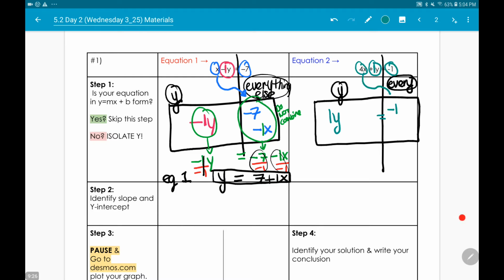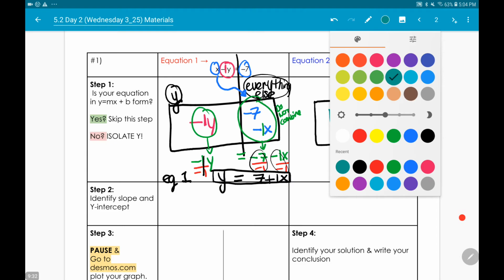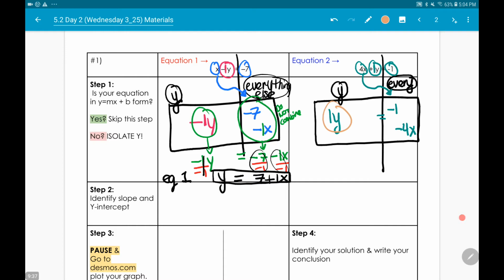And my 4x is going to cross over, so that's going to become -4x. I bring this down, y, and I bring this down, -1 minus 4x. And our last step, divide.